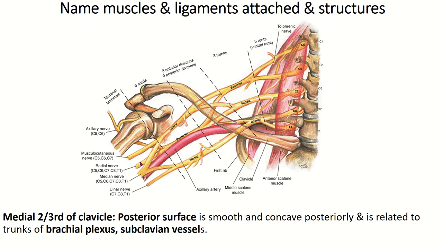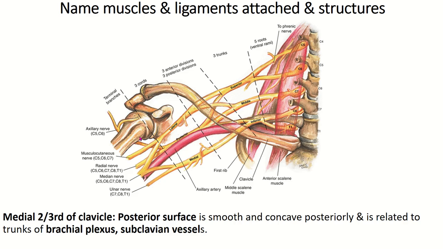From the posterior cord, two important nerves arise: the radial nerve, which supplies the muscles of the posterior compartment of the arm and forearm, and the axillary nerve, which supplies two muscles, the deltoid and teres minor.